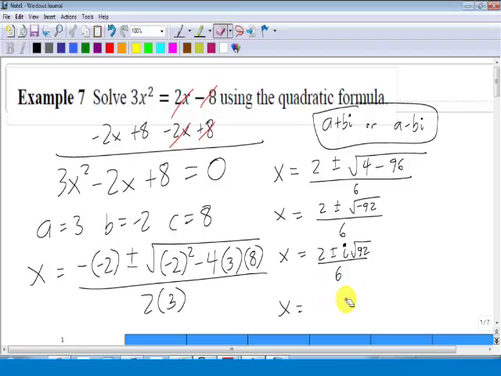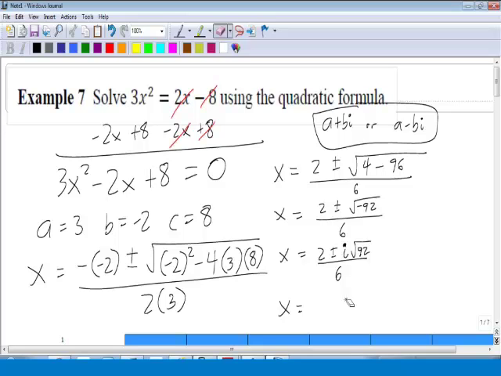Now, I'm about to do that, but just a quick word of caution. The 2 and the 6. This is tempting here, because we got a 2 up in the numerator and a 6 down in the denominator, and they're both divisible by 2. So there's a temptation here to want to scratch the 2, put a 1, scratch the 6, put a 3.